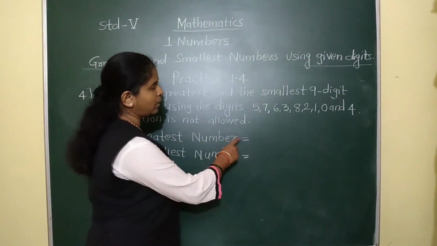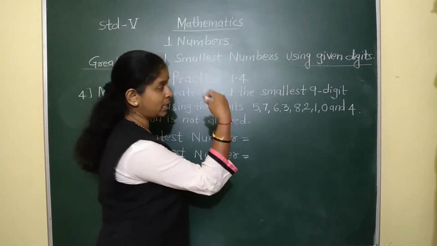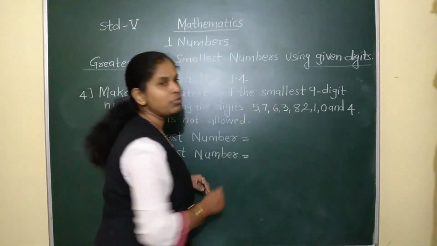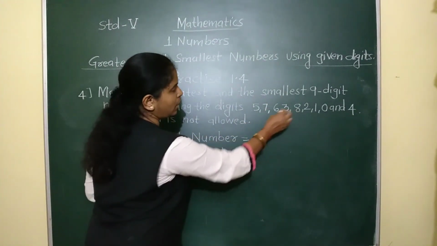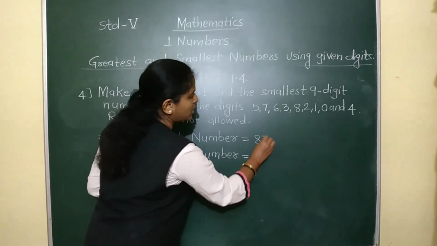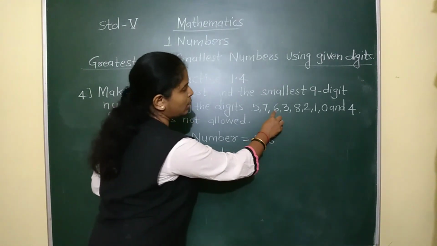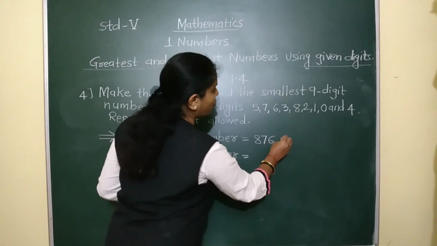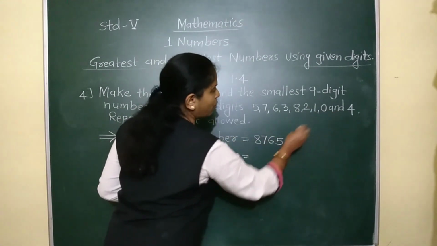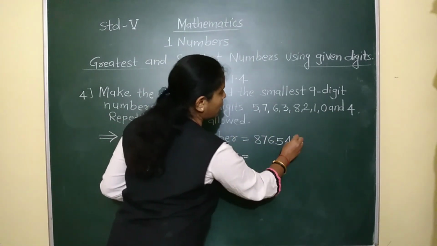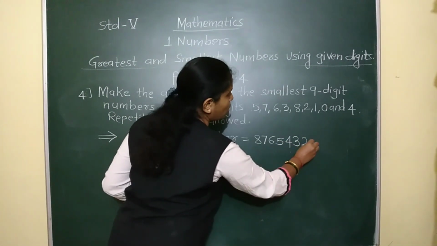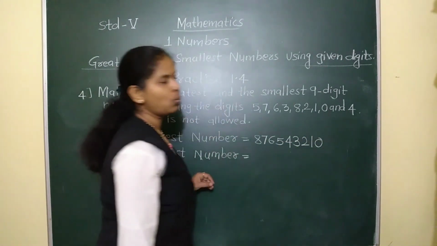Now for writing greatest number, first we have to write the greatest digit. Now here, which is the greatest digit? See, 8. After that 7, then 6, then what will come? 5, then 4, then 3, 2, 1 and then 0.